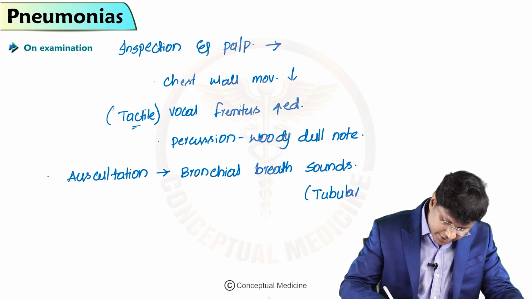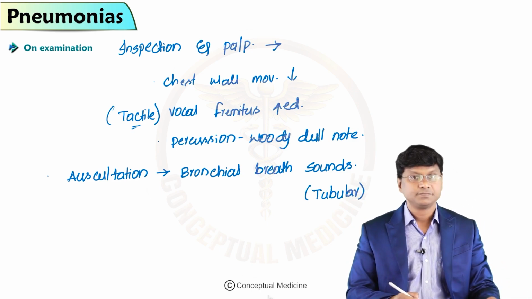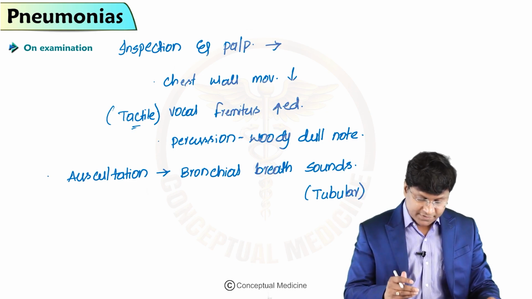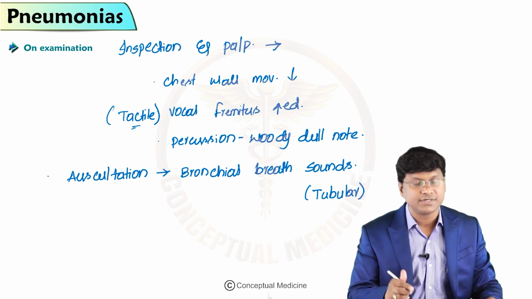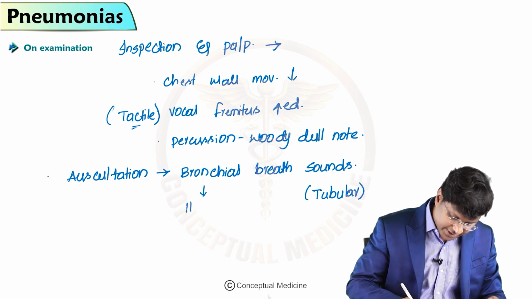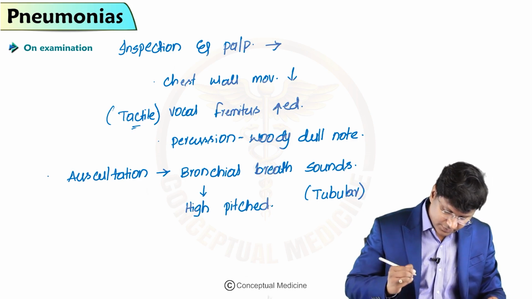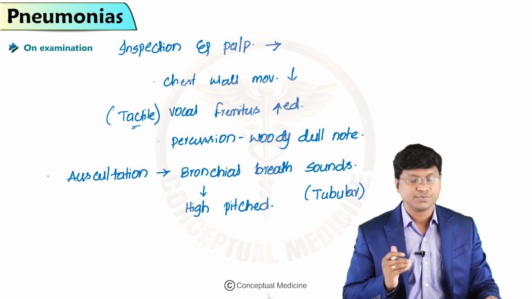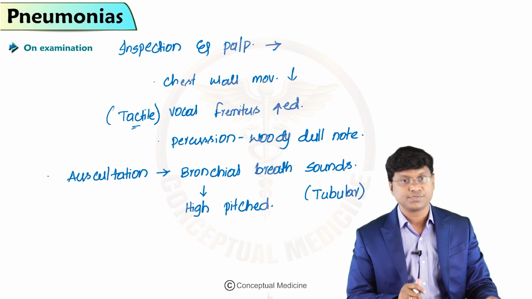Tubular type of bronchial breath sounds are being heard. And what is the difference of these bronchial breath sounds from normal vesicular breath sounds? Bronchial breath sounds are high pitched sounds.